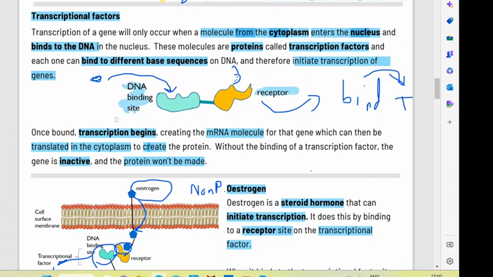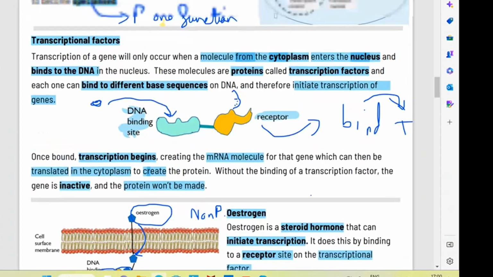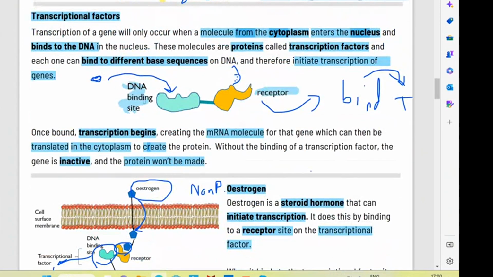So now we're moving on to transcription factors. Basically, transcription of a gene will only occur when one molecule from the cytoplasm enters the nucleus. This will bind to the DNA. So it's basically telling you a simple sentence about how a molecule from the cytoplasm, which is like estrogen, will enter the nucleus.